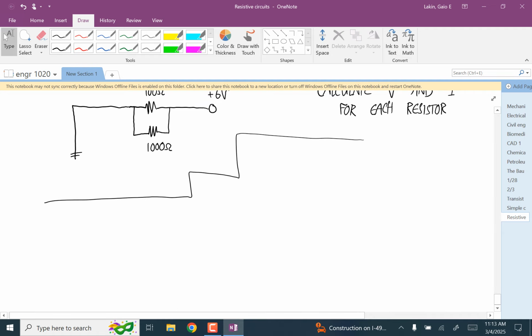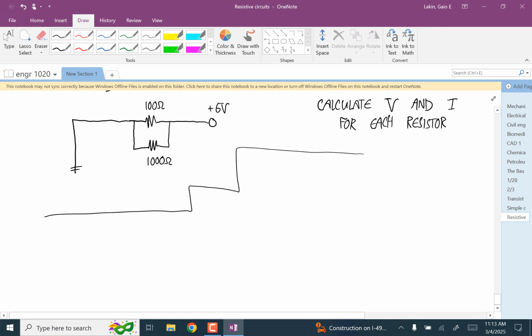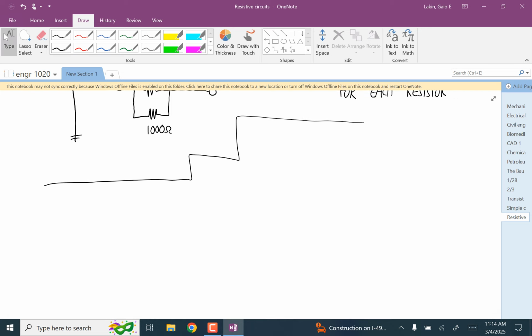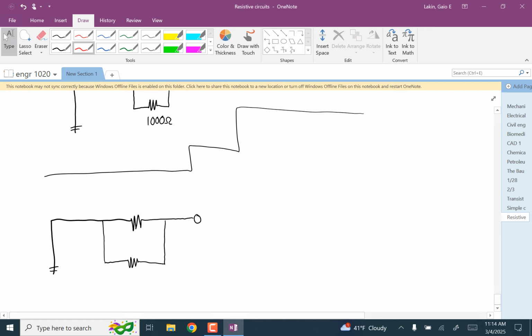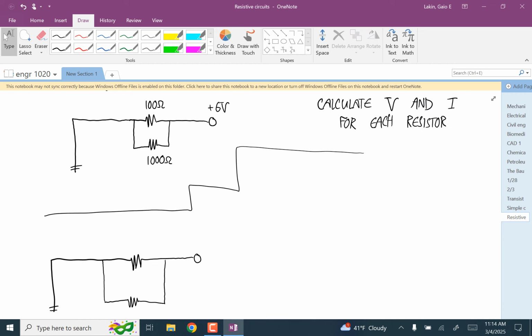Well, the first thing that we recognize then, once we realize that these are in parallel, is that the voltage across each of these resistors is the same as the total voltage of the system. So I'm going to draw it again. We know that electricity is flowing from the higher electric potential to the lower electric potential.